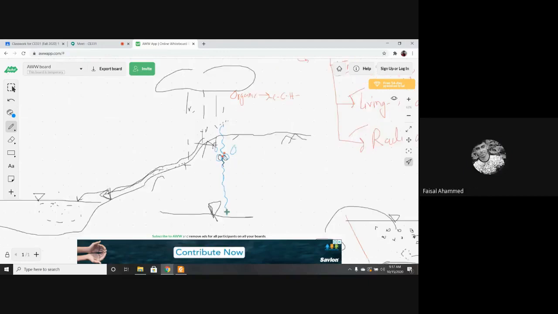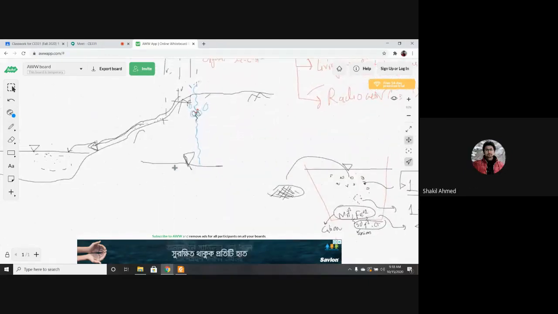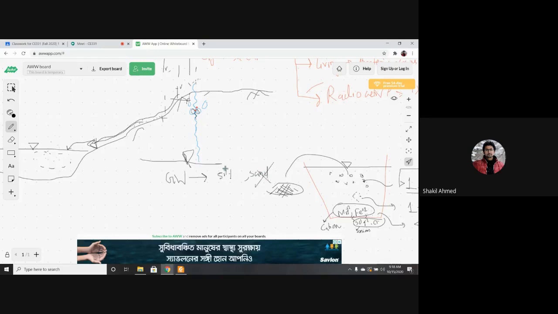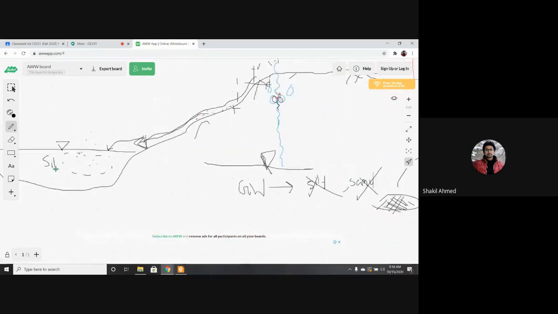Yes, sir. So due to this filtration, the groundwater is usually silt and sand free. It will not be present here, but here there will be silt and sand.